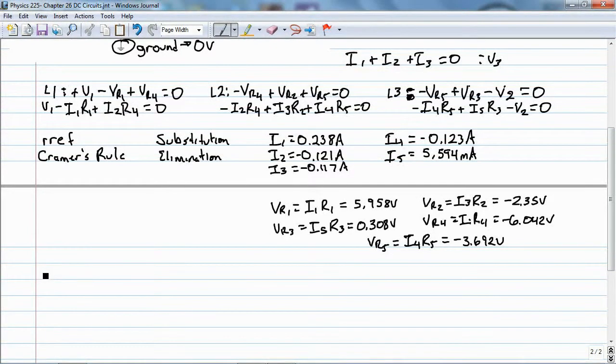If I take plus V1 minus VR1 plus VR4 equal to 0, so we have 12 volts minus the voltage across VR1, 5.958 volts, and then plus VR4, and that's going to be a minus 6.042 volts.